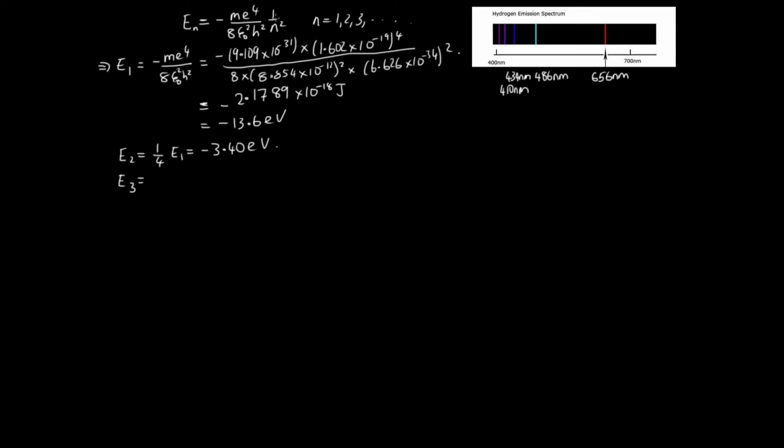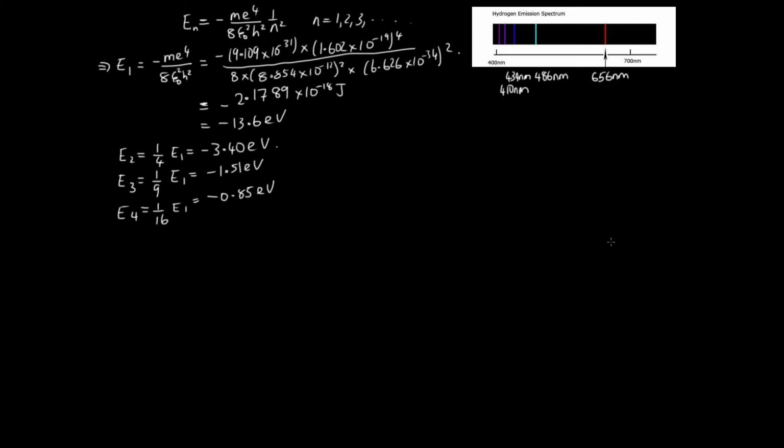E3 is going to be 1 over 3 squared times this thing, so it'll be a ninth of E1, and that is equal to minus 1.51 electron volts. And then let's do one more, E4, which will be a 16th, 1 on 4 squared times E1, which is equal to minus 0.85 electron volts.